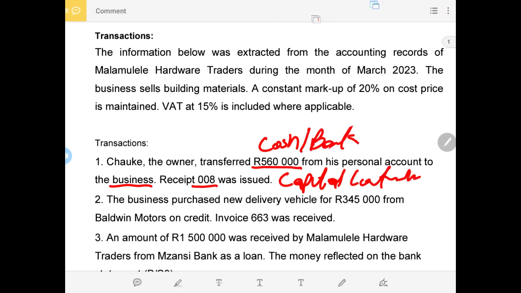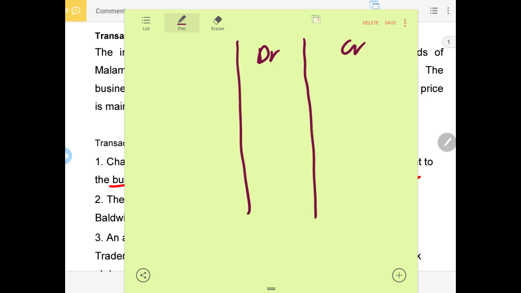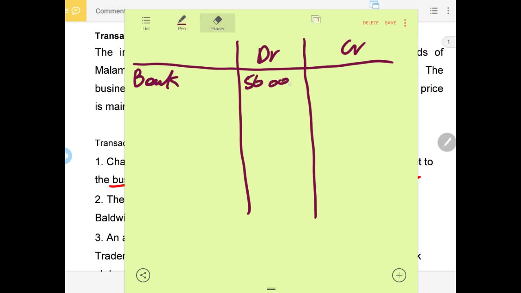Now, I just want to explain this from the perspective of the general journal. In terms of the details, you'll see why I use the general journal, just to explain some of the importance of the recording columns in the subsidiary journals. The business has received money. And if the business has received money, that means cash in the bank will be recorded on the debit side as 560,000 rands.